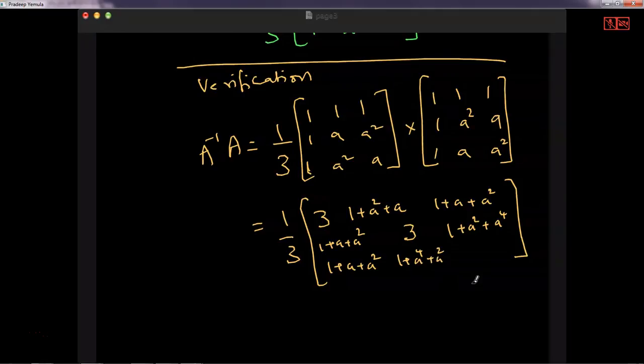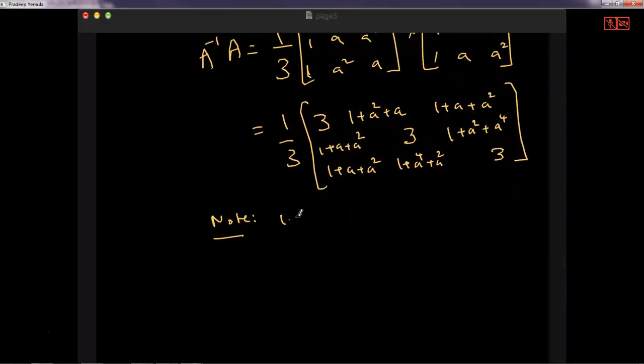So 1 plus A square plus A equals 0. By the way, what is A to the power of 4? A to the power of 4 is nothing but A, because 3 times you multiply, it will be 360 degrees. The fourth time you multiply, it will be just A. So therefore, 1 plus A square plus A to the power of 4 is also equal to 0.